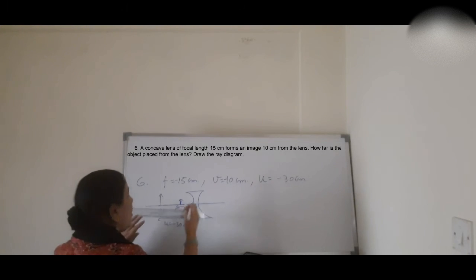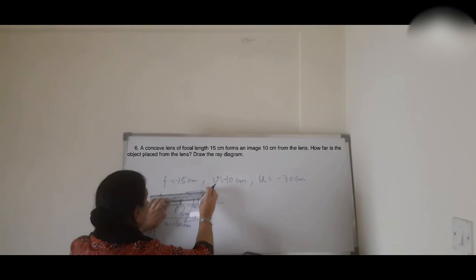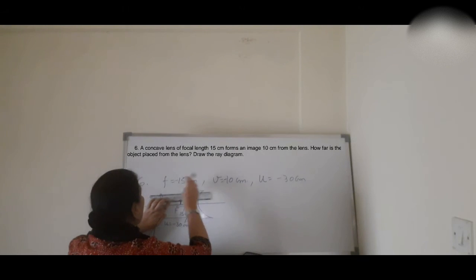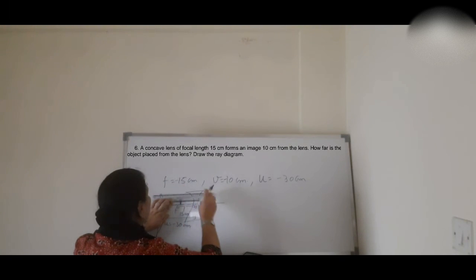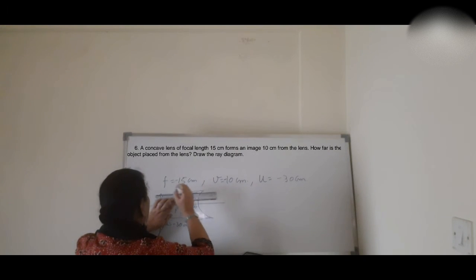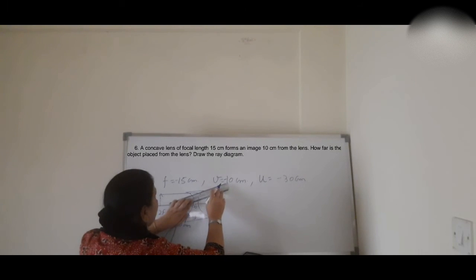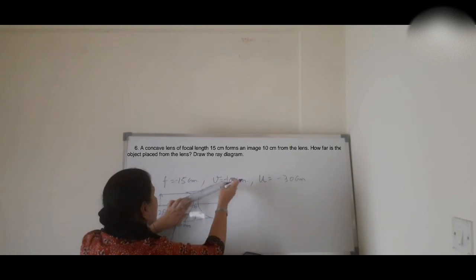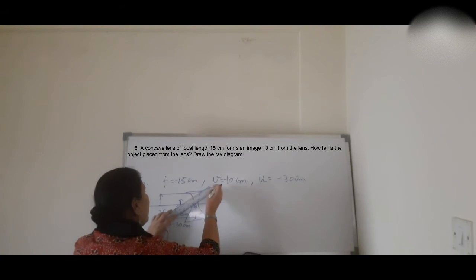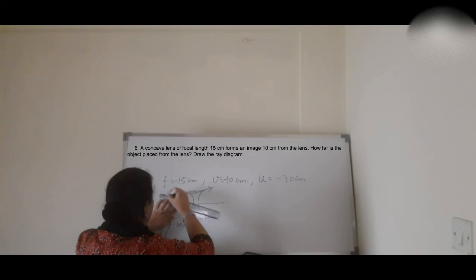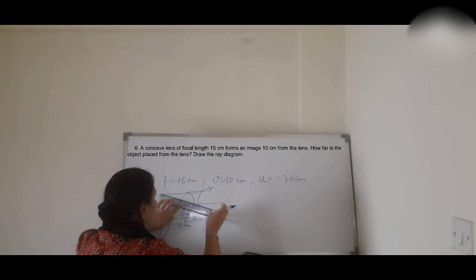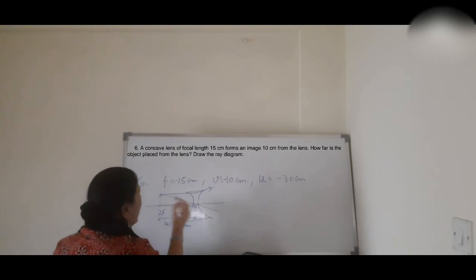You already know that we will be taking one ray coming from the object, which diverges like this. So this is one ray, and the second ray I'm going to take goes through O and comes back in the same direction. So I have taken this as the ray which retraces its path.